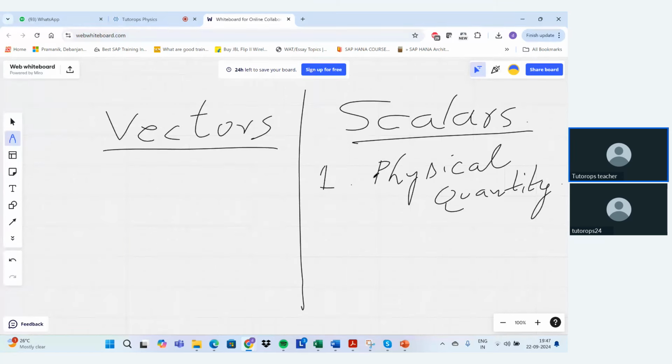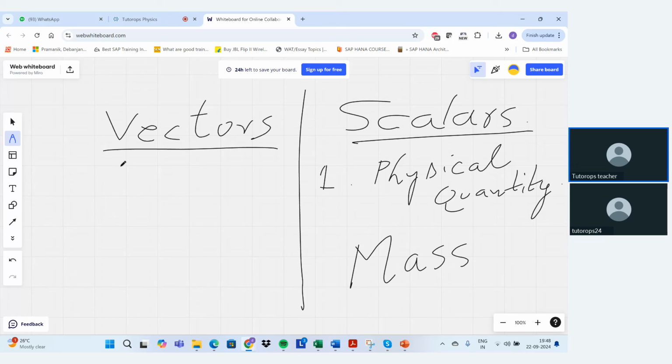For example, mass. A particular material having a mass of 5 kg, but we do not have to define any direction for it. 5 kg means 5 kg. So this kind of quantity, which is completely defined by its physical quantity and can be described by a numerical value alone, is called a scalar quantity.